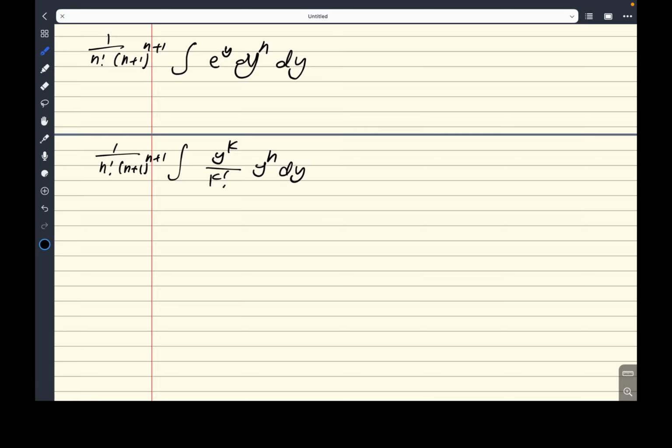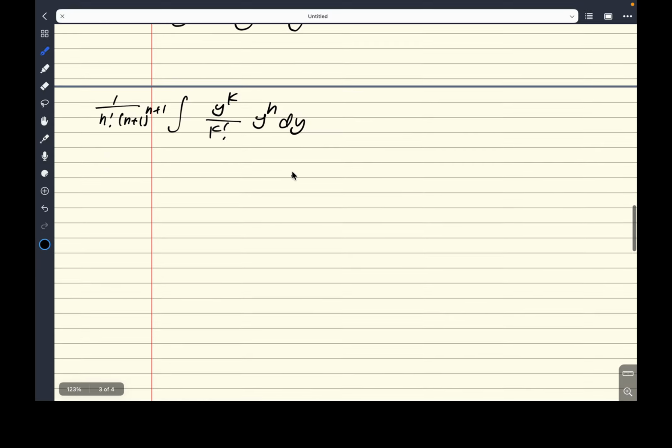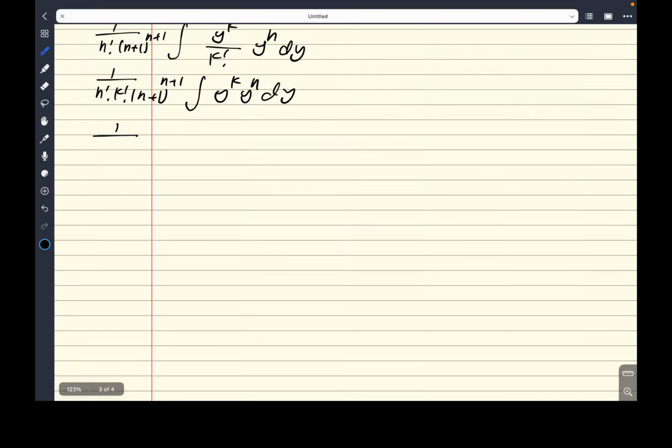This k is going to go here: 1 over n factorial k factorial n plus 1 to the power of n plus 1, y to the k plus n dy.